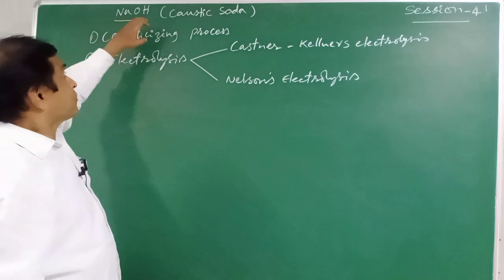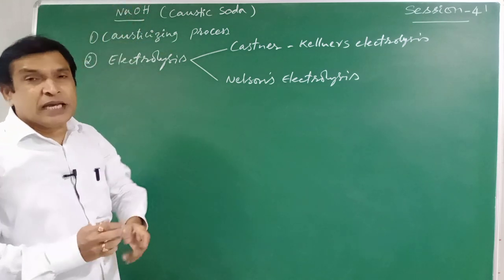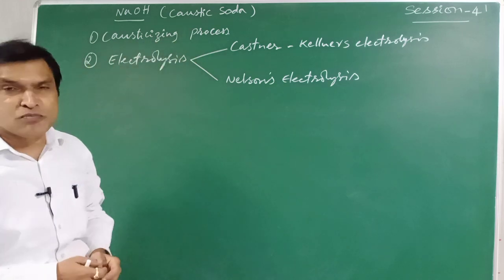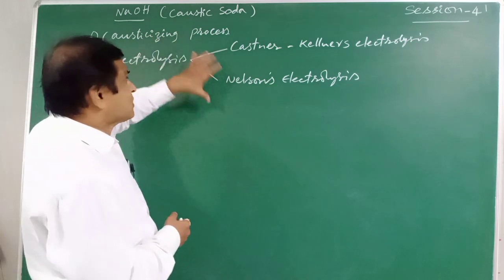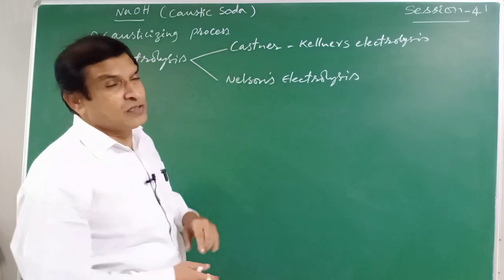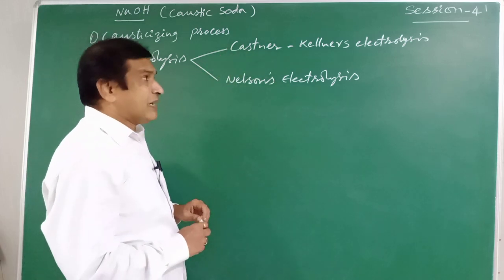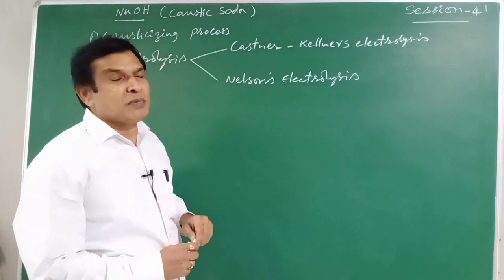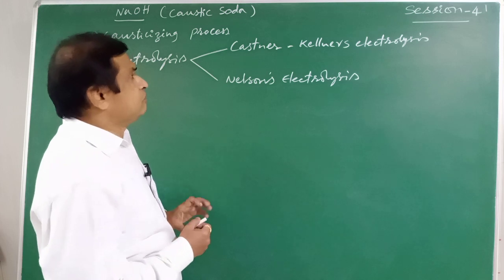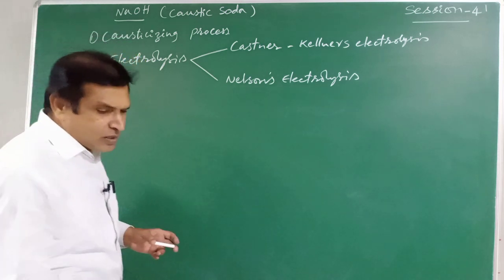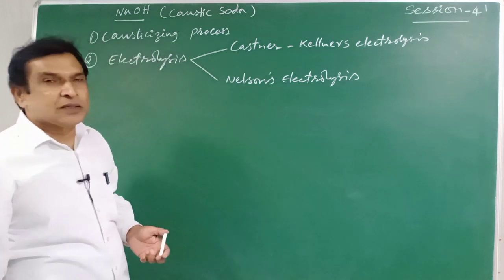So caustic soda, sodium hydroxide, can be prepared by two methods: the causticizing process, and the electrolysis method. The electrolysis method is again of two types: Nelson's electrolysis and the Kastner-Kellner electrolysis method. The first one is Kastner's electrolysis method.